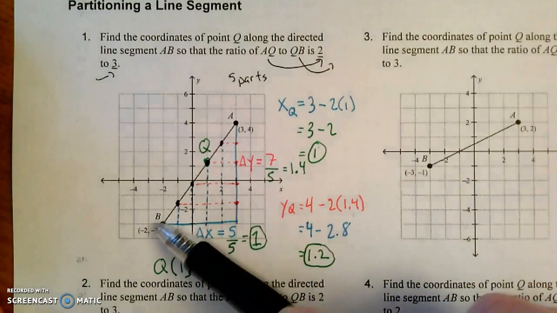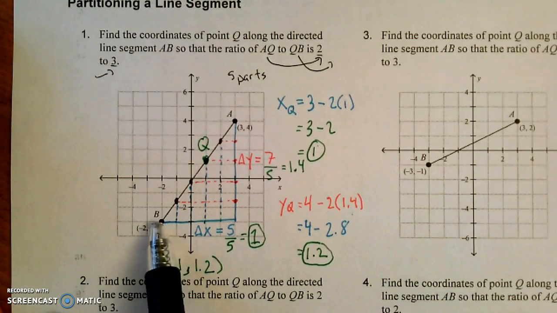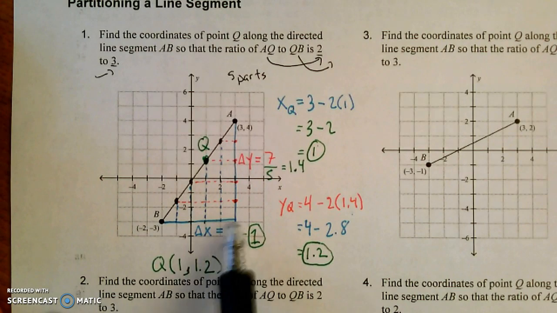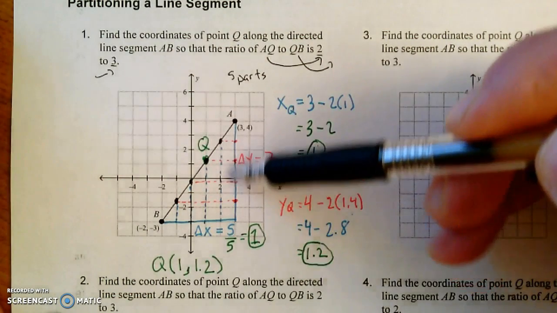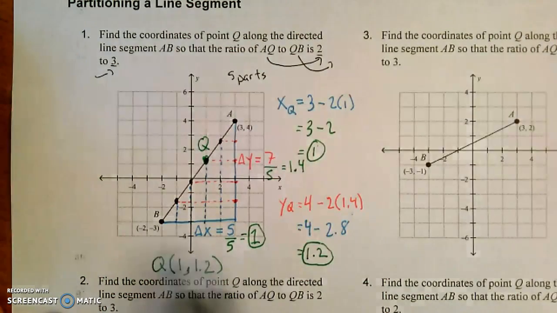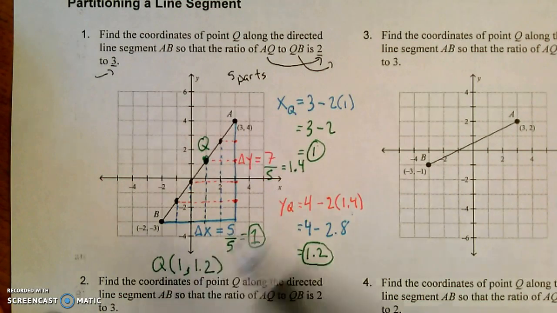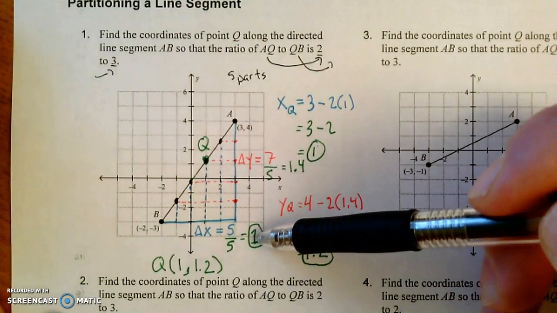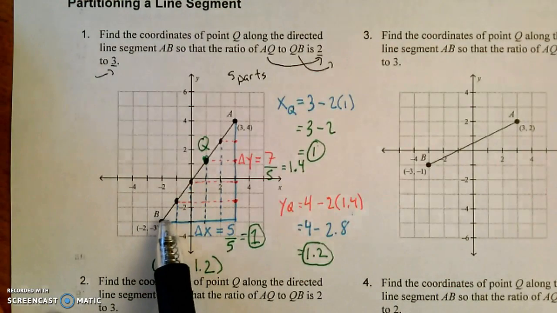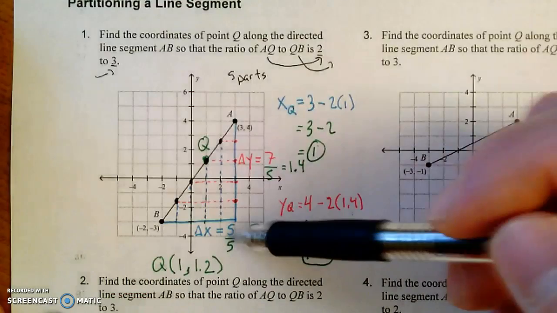In order to divide this line segment into 5 equal sized parts, we had to divide its horizontal component and its vertical component into 5 parts each separately. First we found its horizontal distance, which was 5. Then we divided that by 5 to get 1, meaning that each of our smaller pieces was going to be 1 across, or 1 over.